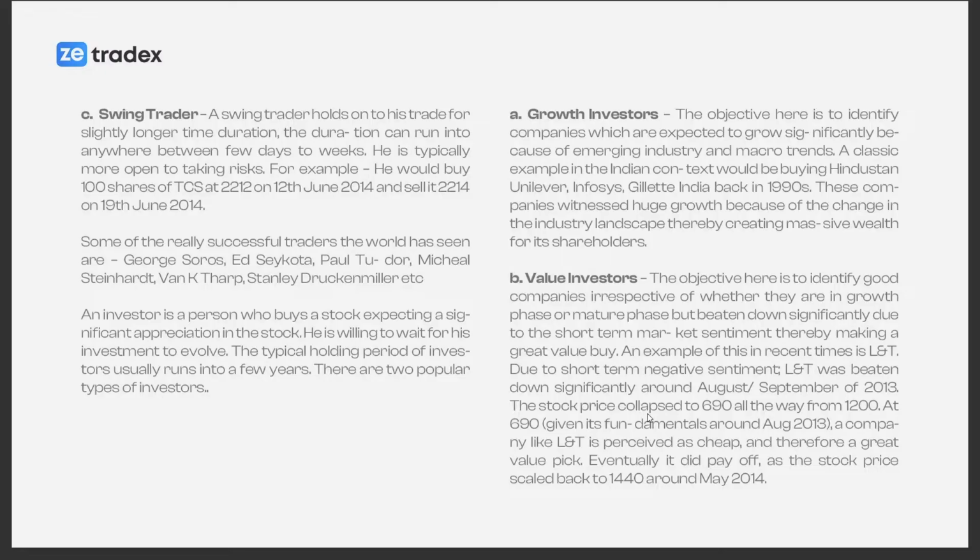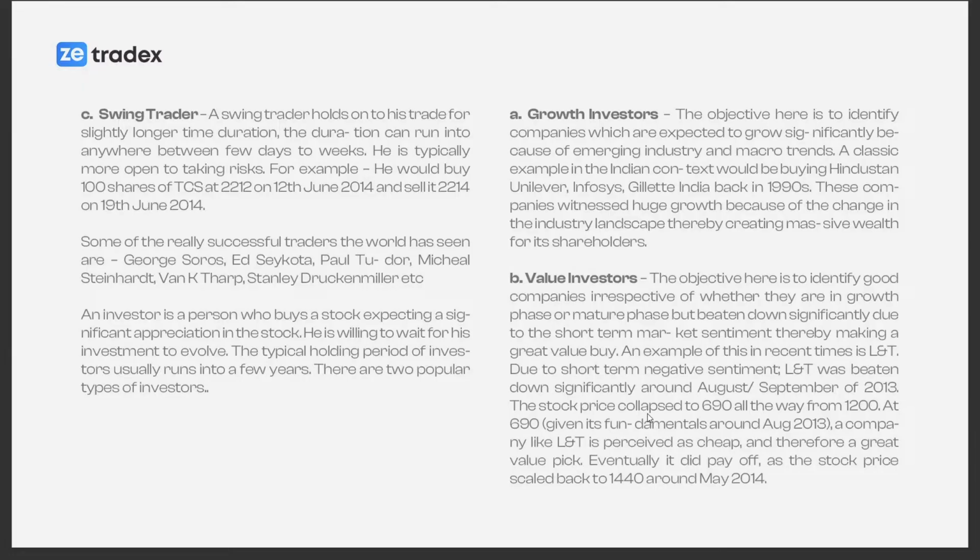Given its fundamentals around August 2013, a company like L&T was perceived as cheap and therefore a great value pick. Eventually, it did pay off, as the stock price scaled back to 1,440, around May 2014.